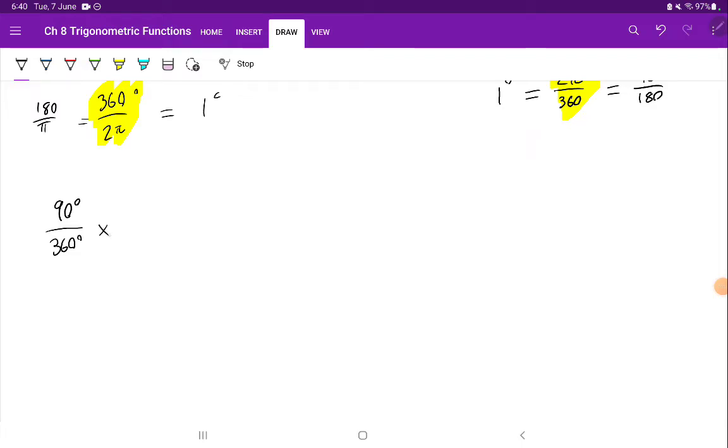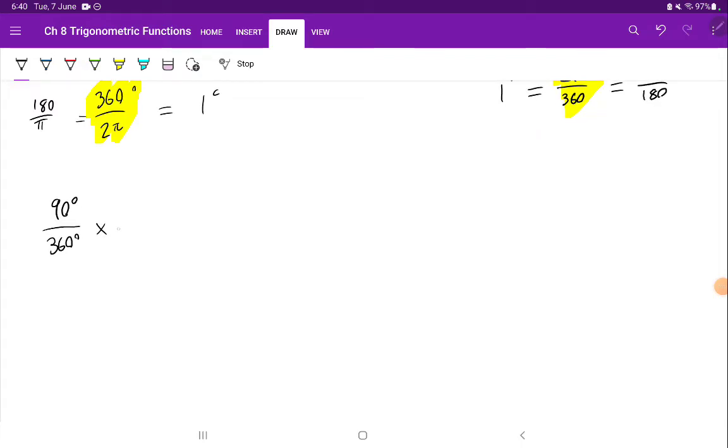And since we want to turn it into radians, and a full circle is 2 pi, we multiply by 2 pi. Now some of you might go, what's that equal to? Well, without a calculator, this would be 1 over 4, 90 is a quarter of a circle, times 2 pi. 1 times 2 pi is 2 pi. 2 pi over 4 is pi on 2. And that's how many radians it is. So when we say pi on 2, that means 90 degrees.